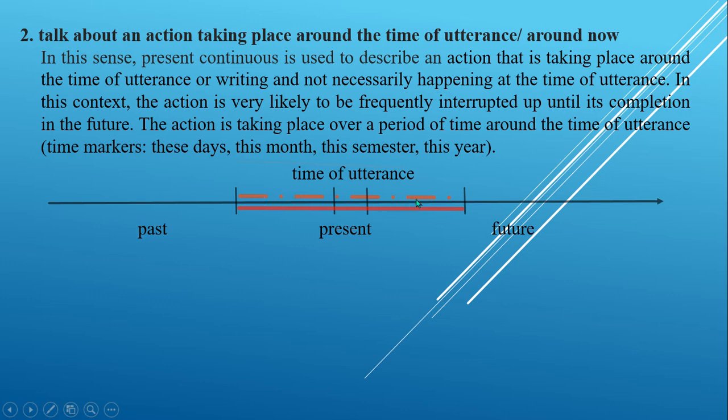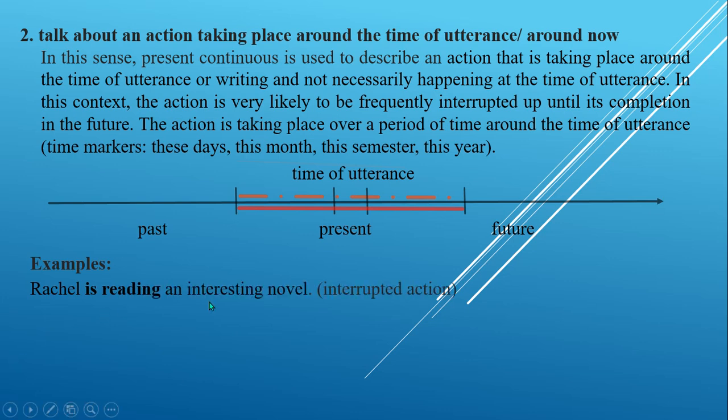This straight, unbroken line indicates that the action is not interrupted, whilst this broken line indicates that the action or the occurrence is interrupted. Now let's look at some sample sentences.